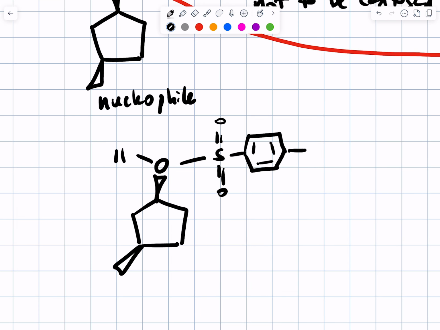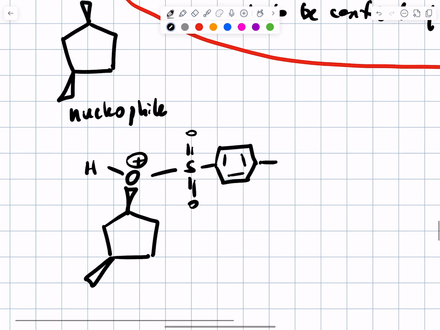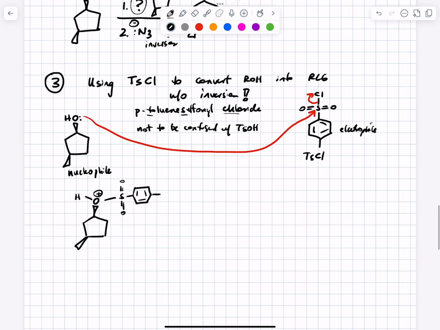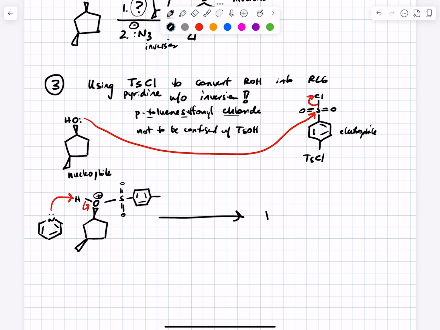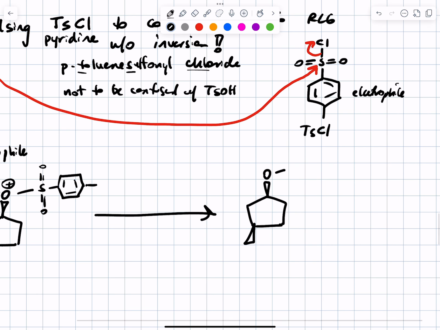There's still a proton on the oxygen. And it turns out that you need also to include a base, and the common base is pyridine. Pyridine will remove the proton, and that will give me my product for this reaction. And the product looks like this.